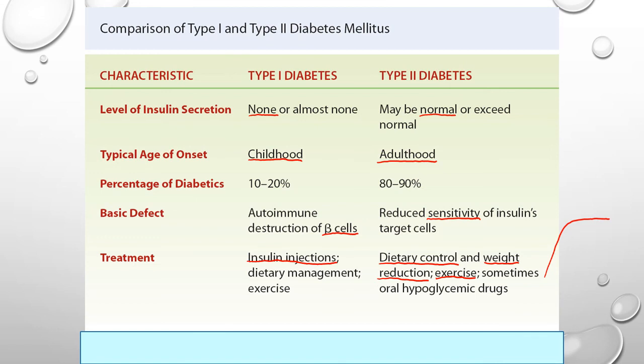And so we can start to turn things around, get the person to not need things like hypoglycemic drugs. And so that can kind of change things for them. In this case, they don't need insulin, at least at this point early on in the disease, but sometimes they will require it later on as the disease progresses. So they may become an insulin-dependent type 2 diabetic as well over time.